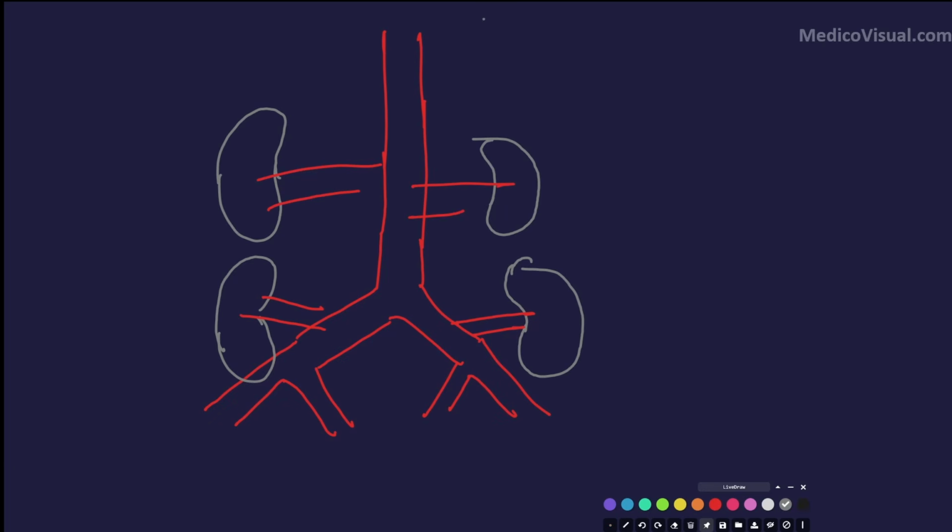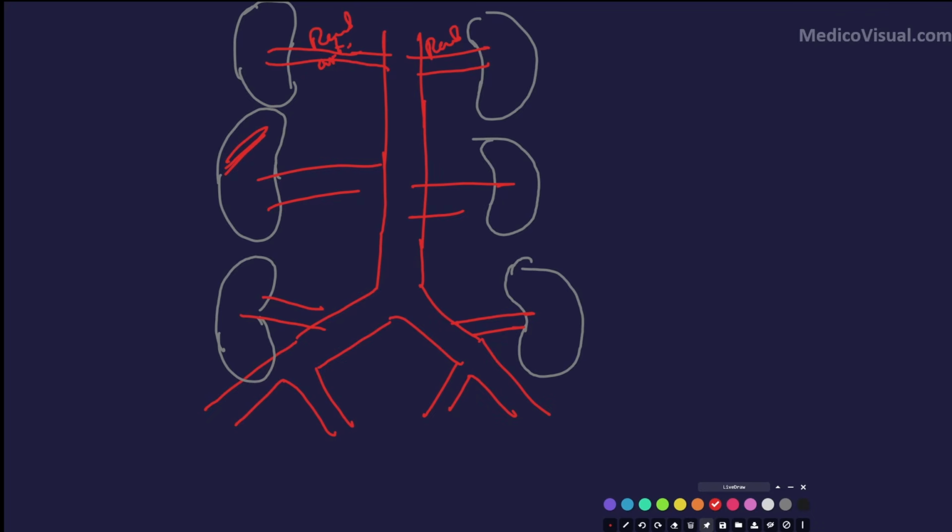Ultimately, as they take their actual position in the upper lumbar region, they will be taking the blood supply from the renal artery, which is actually the branch of the upper lumbar part of the aorta. So this is the definitive renal artery. All these other renal arteries are actually destroyed.